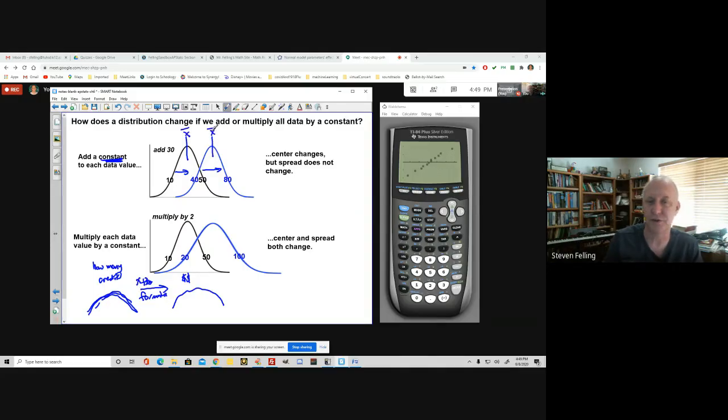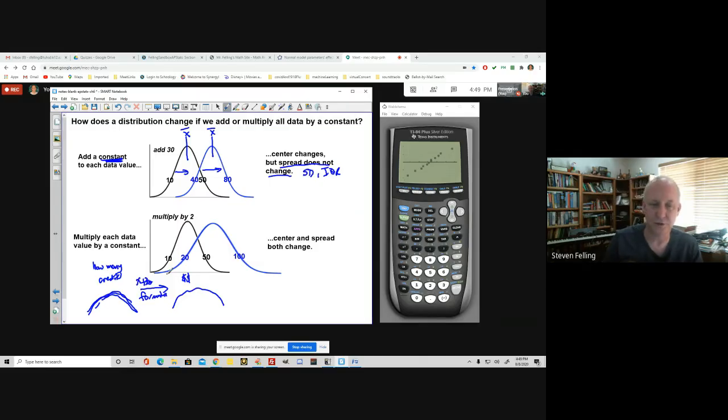Measures of center, like mean and median, are definitely affected, but measures of spread will not change, right? Measures of spread, like the standard deviation or the IQR, will not change, right? So adding or subtracting has no effect on standard deviation and IQR, although it does affect measures of center or any individual measure.